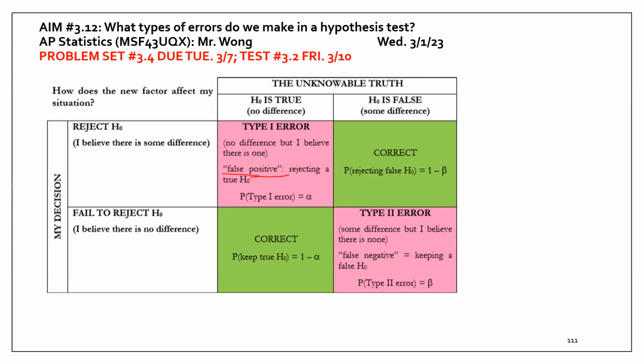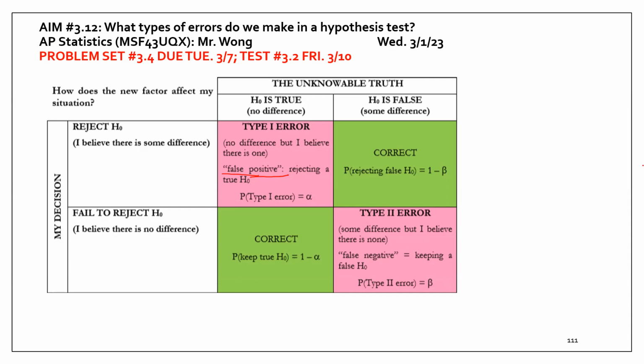Now, if you look on the lower right, we see here a type 2 error. You can kind of think of a type 2 error as a false negative. False negative meaning that you have a null hypothesis that's actually false, but you decide to fail to reject that null hypothesis.